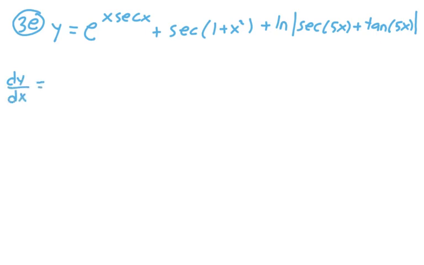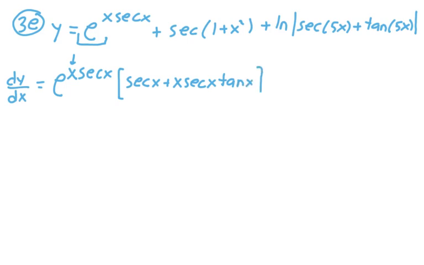Now, let's take the first term. So I'm going to get e to that power, in other words, e to the x secant x times the derivative of x secant x. Well, that's going to be secant x, because the derivative of x is 1, plus x secant x tangent x. That's the first term.